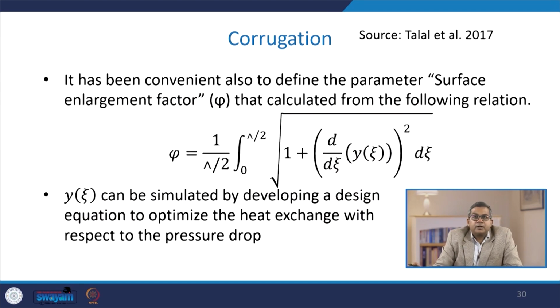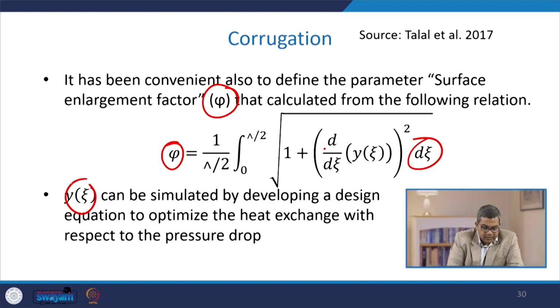Now, it has been convenient to define different parameters like the surface enlargement factor phi, which is calculated from the following relation: phi is equal to 1 upon lambda by 2, to the power integration from 0 to lambda by 2, the square root of 1 plus d upon d psi y psi, the whole square, d psi.